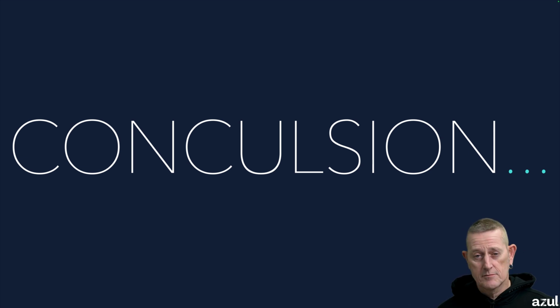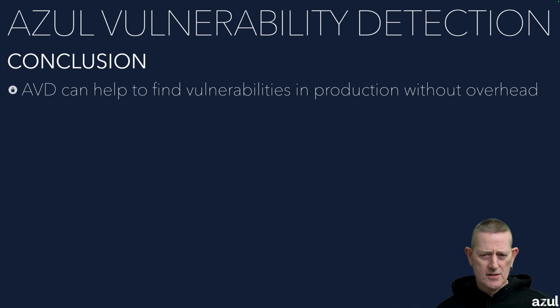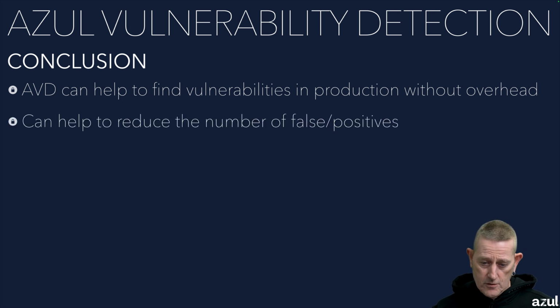But you have to spend some time to create your own client, or you can try to use the API with another already existing tool to get the information from Intelligence Cloud. So the conclusion is AVD can help you to find vulnerabilities in production without the performance overhead, which is quite important.